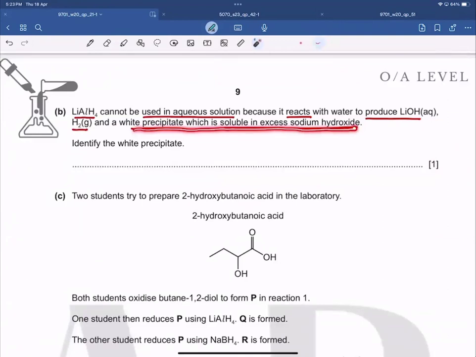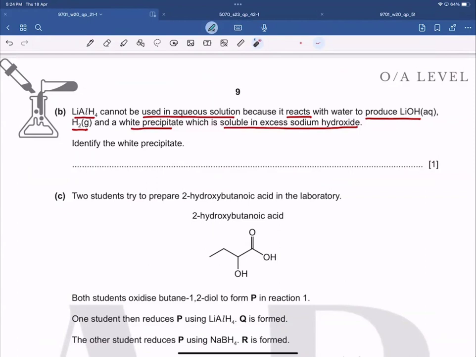Can anyone recall which compound this is? Aluminium hydroxide. Very good. Aluminium hydroxide.